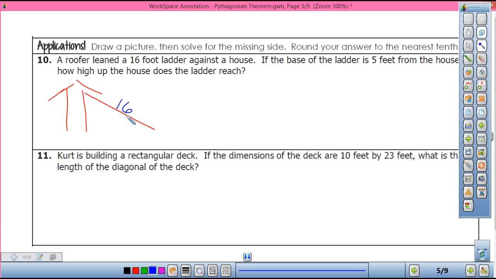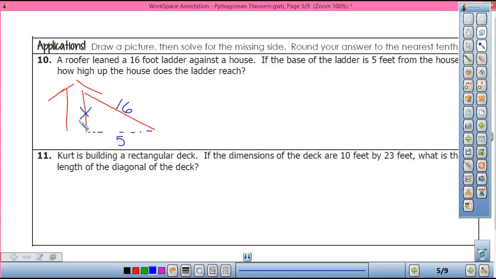So that's where my 16 goes. It says the base of the ladder is 5 feet from the house. Where does that go? Down here. And I'm looking for how high up on the house the ladder reaches. Drawing pictures for these will help immensely.